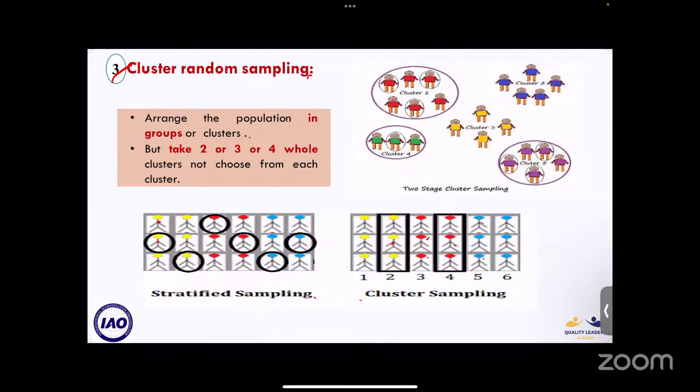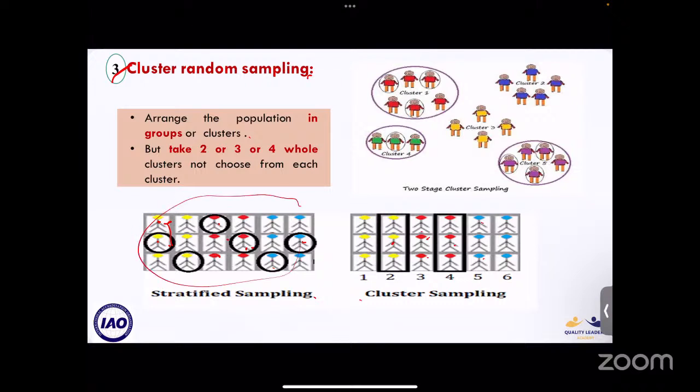So I'll take one from here, one from here, one from here and so on. This is what you call stratified cluster sampling, because I'm taking an equal number from all the clusters.